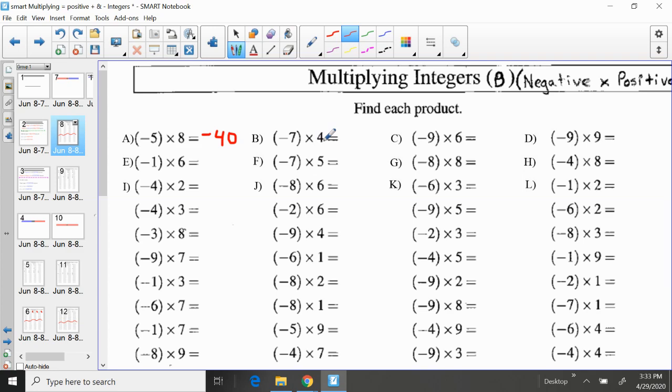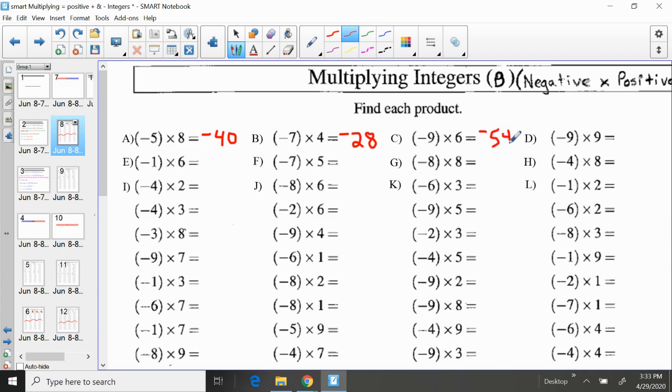Negative 7 times positive 4. Negative times positive gives me a negative answer. 7 times 4 is 28. So my answer, negative 28. Problem C, negative 9 times positive 6. Negative times positive, I know my answer is going to be negative. 9 times 6 is 54.